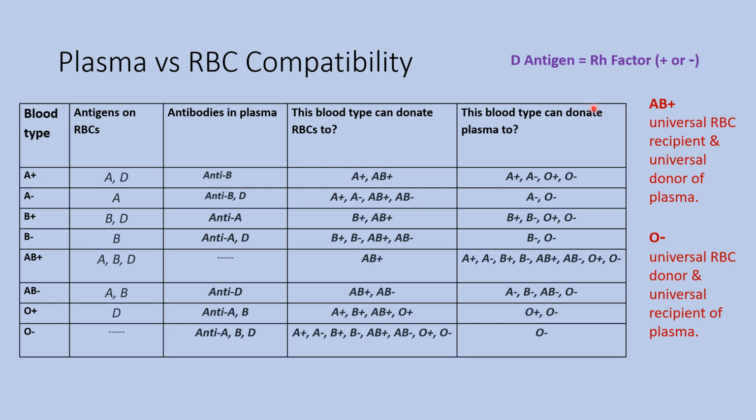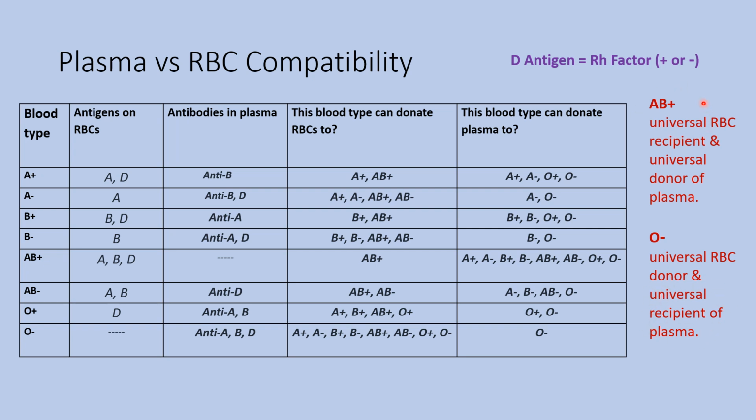Now we're kind of making this a little more complex. If we're talking about whole blood, then this is what we've been talking about. But this is plasma. And what is plasma? Plasma is the liquid from blood where the antibodies have been removed. So it flips. So you're a universal blood donor as O negative, but you are a universal recipient of plasma.